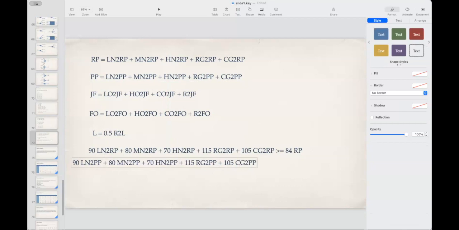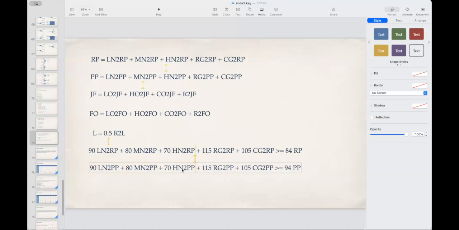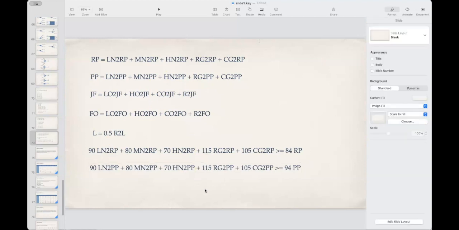And what is the regulation? Yeah, 94. 94 PP. Okay, good. Yes. Then it's done. We have quality stipulation for premium petrol already.